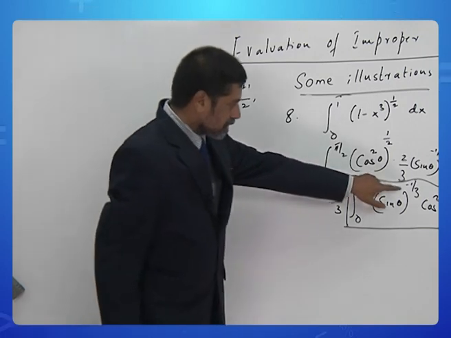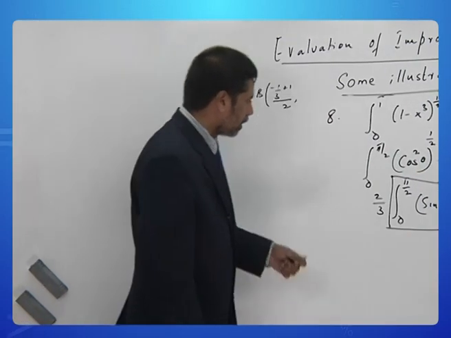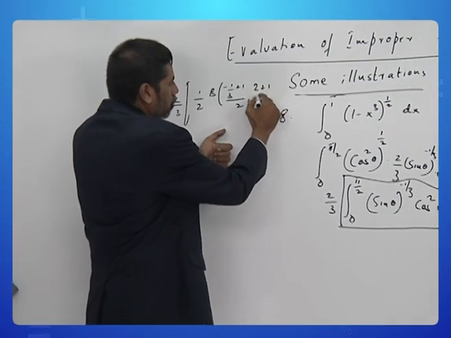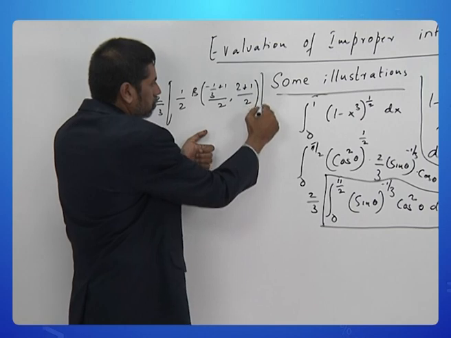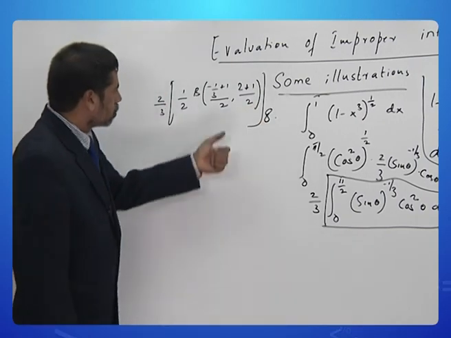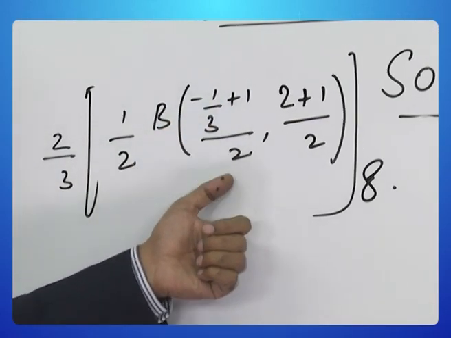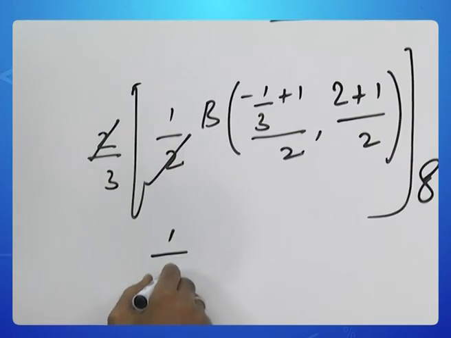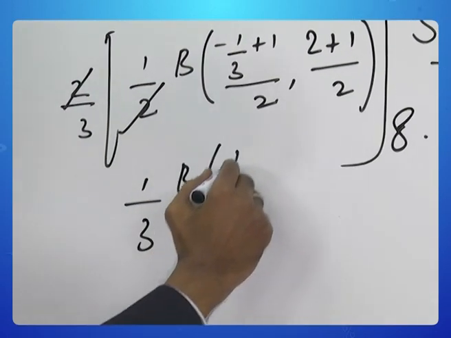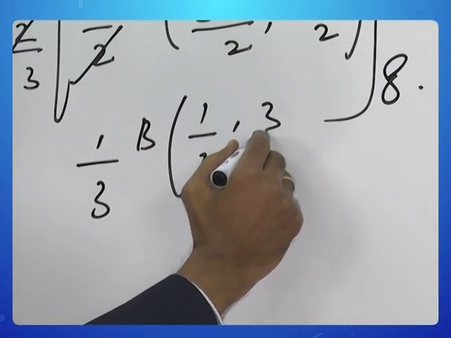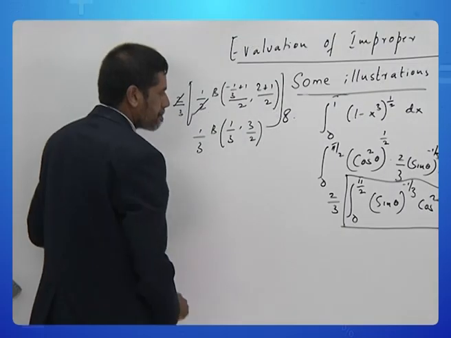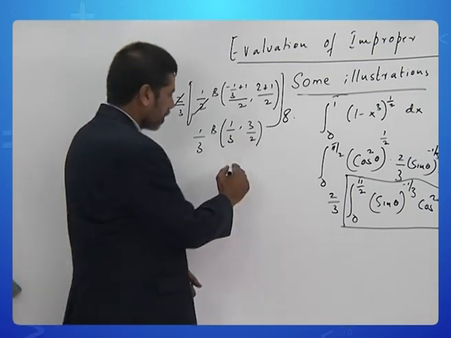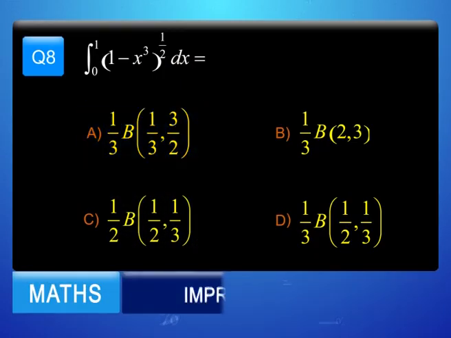If you call this P and this Q, then we get half beta P plus 1 by 2, Q plus 1 by 2. So this becomes 2 by 3 by 2, so it becomes 1 by 3, 1 by 3 beta 1 by 3, 3 by 2. Well, it is difficult to continue beyond this. I hope we can stop it here and we'll find the correct option is A.